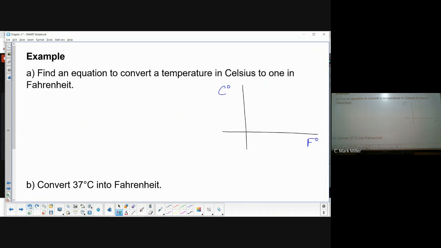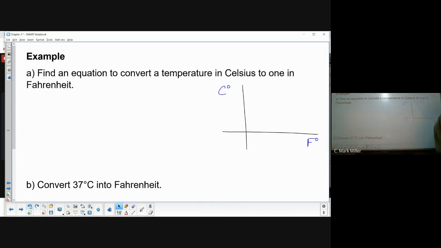We know that when C equals 0, F equals 32. Actually it says here, we want to convert temperatures in Celsius to those in Fahrenheit. I should have swapped those. In fact, I'm going to.